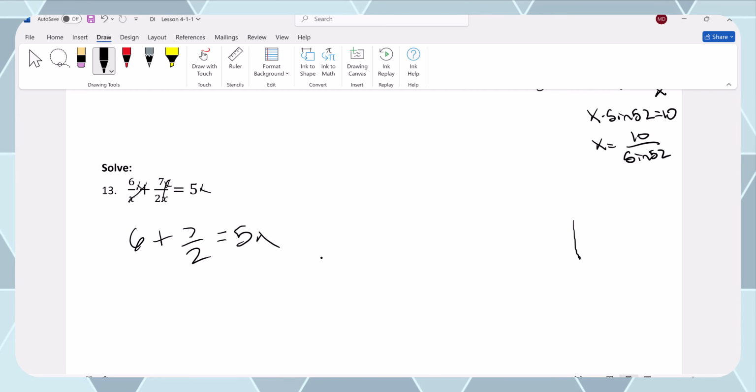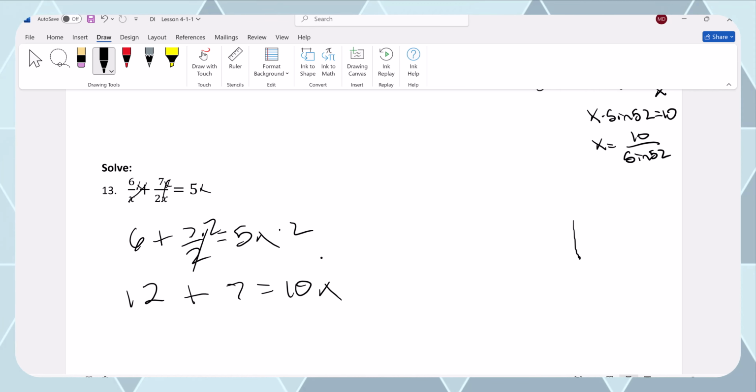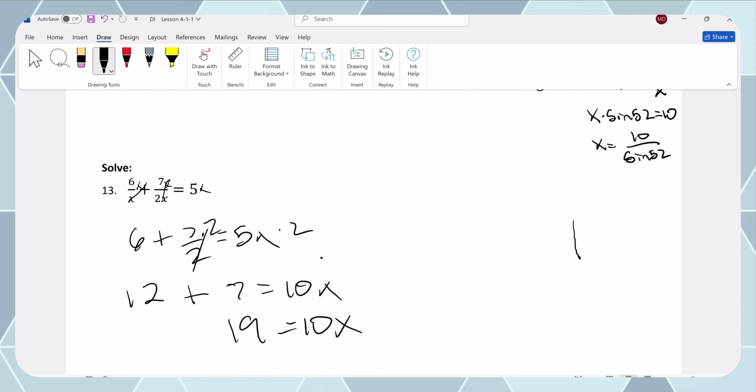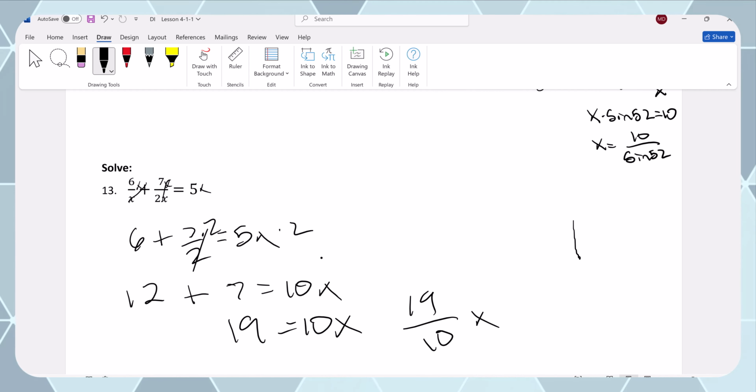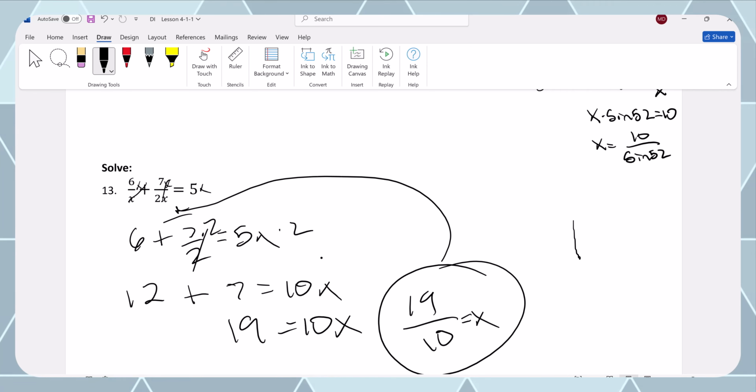I still have a 2 in the denominator, so multiply that by 2, multiply that by 2, and so you get plus 7 equals, and then multiply that by 2, so you get 10x. So that's 19 equals 10x. Divide both sides by 10. You get 19 over 10 equals x. You plug it back in to make sure you don't have any extraneous solutions.